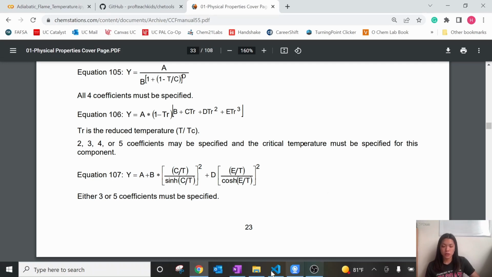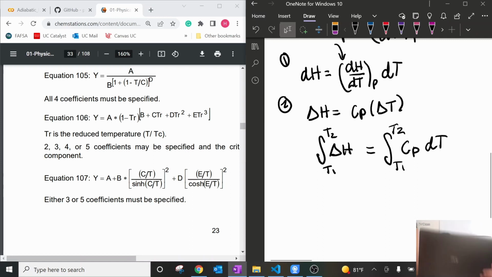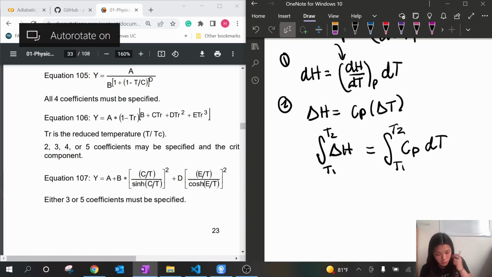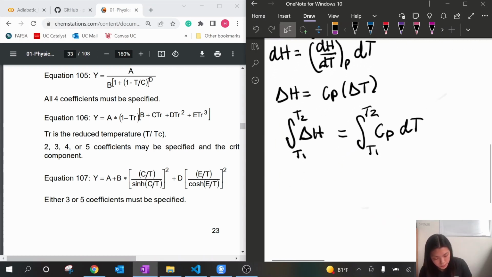And so we are going to copy this equation into our notebook over here that has all of the equations that we are deriving and working on.